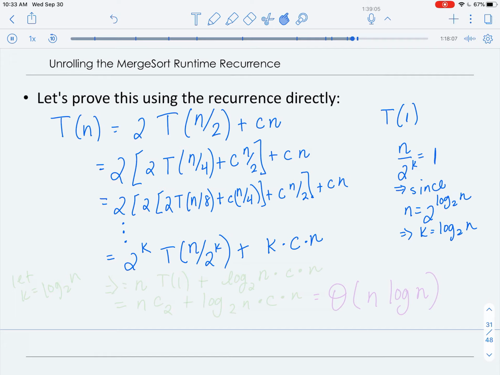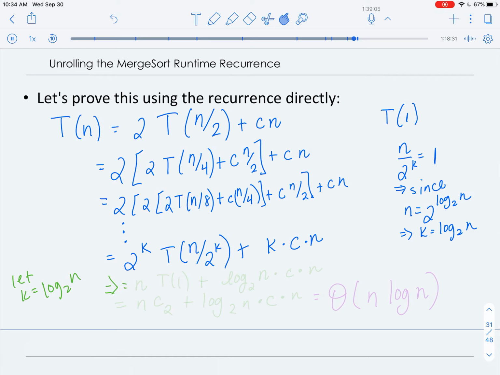So now we can just go ahead and do the substitution. So let me do that. Let k equal log2 of n, and now we're just going to substitute it here.